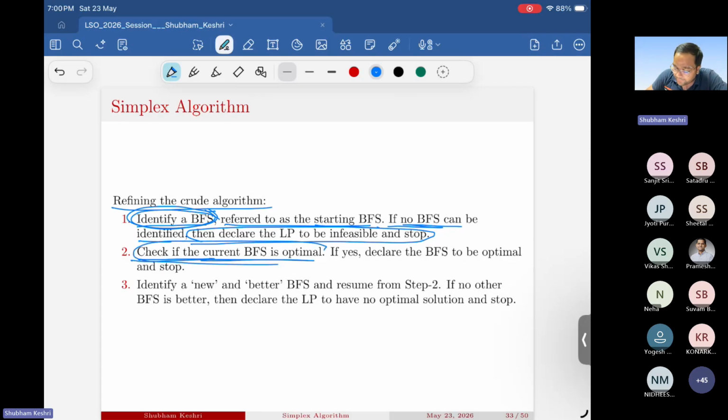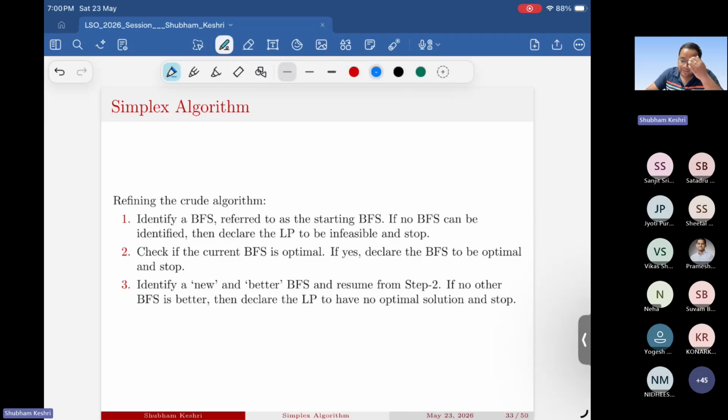Now we have identified a basic feasible solution. Now we will check whether this basic feasible solution is optimal or not. I'm not giving you the detail, I'm just giving you how we are going to refine this algorithm. These are ideas. Let me identify one basic feasible solution. If I'm not able to identify any, let me say that the LP is infeasible. Once we have identified one, we will somehow check if it is optimal or not.